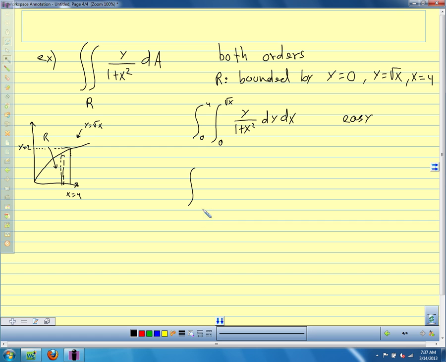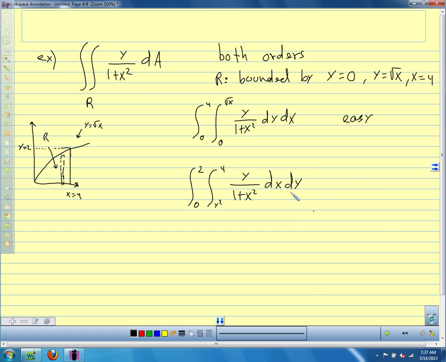So y is going to go from 0 to 2, and x is going to go from, let's be careful with this one, y squared to 4. There we go. Because we're going this way, we go from the function to there, y squared to 4, y over 1 plus x squared dx dy.